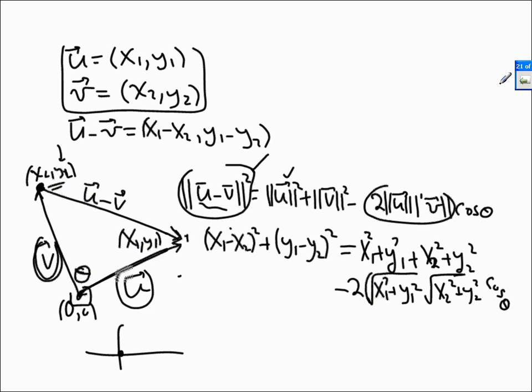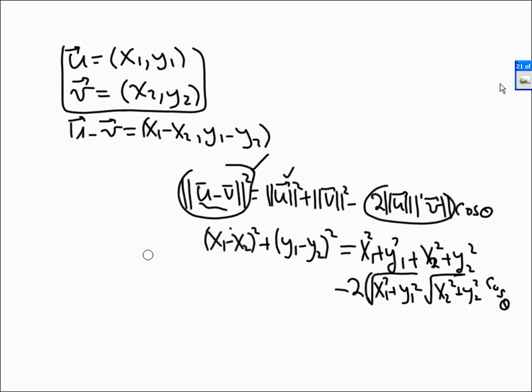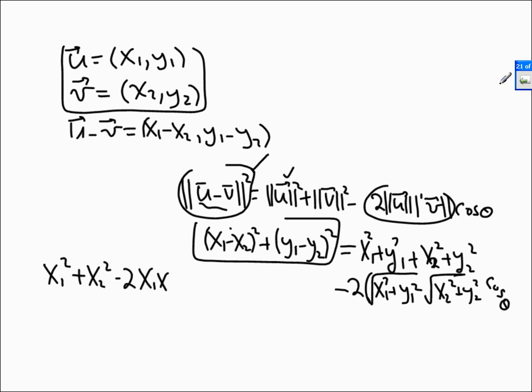Okay. Get rid of this, please. Okay. It's just a lot of silly algebra going on at this point. I want to FOIL out the left-hand side. x1 minus x2 squared is x1 squared plus x2 squared minus 2 times x1, x2.